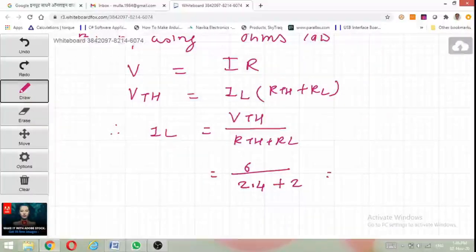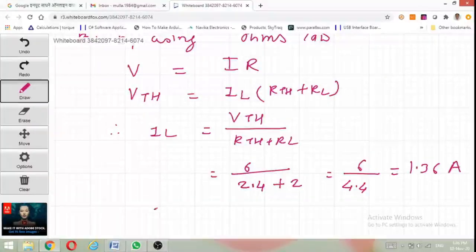Then 6 divided by 4.4, and it is around 1.36 ampere.